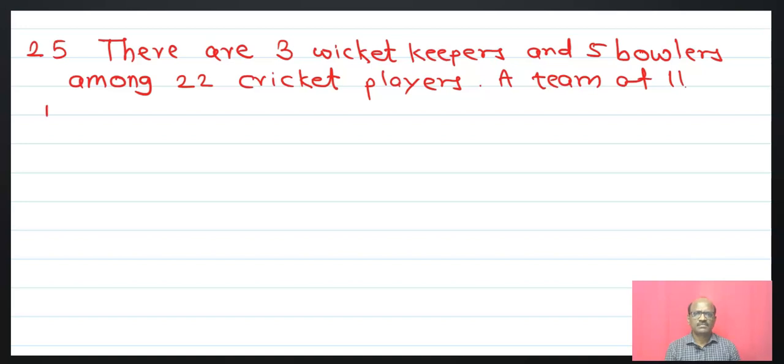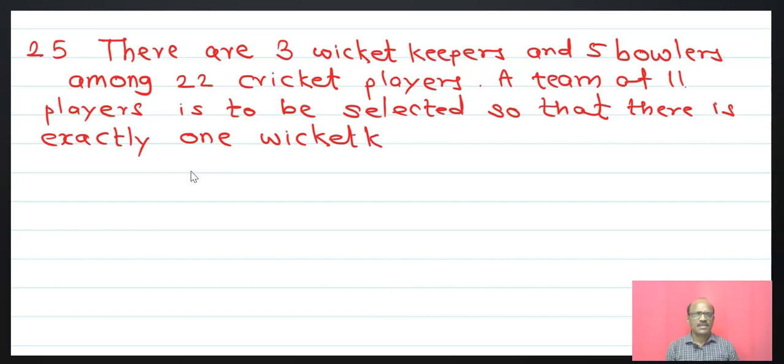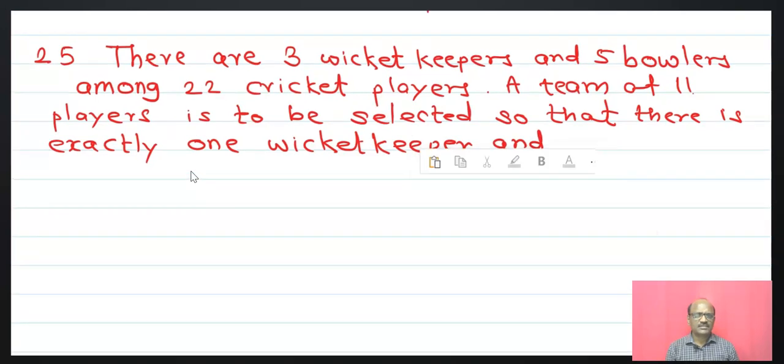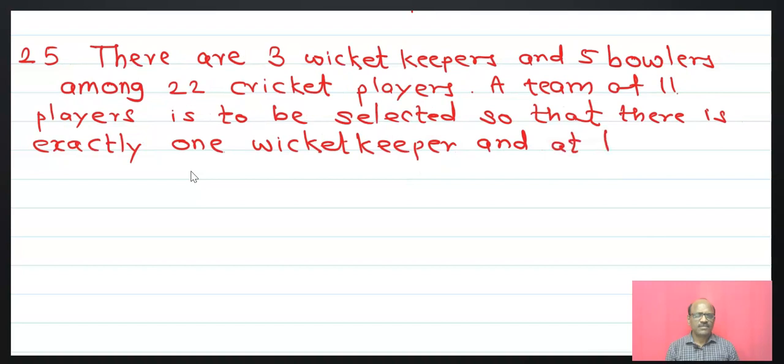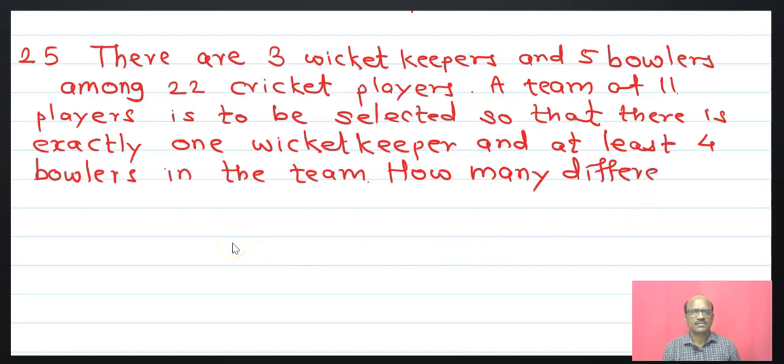A team of 11 players is to be selected so that there is exactly one wicket keeper and at least 4 bowlers in the team. How many different teams can be formed?